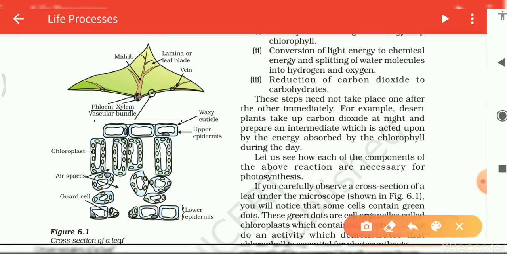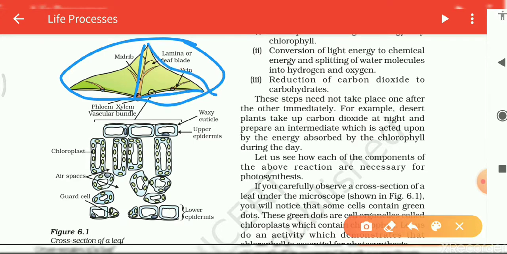Students, the center part is the midrib, this one is called the vein, and the side part is called the lamina or leaf blade.